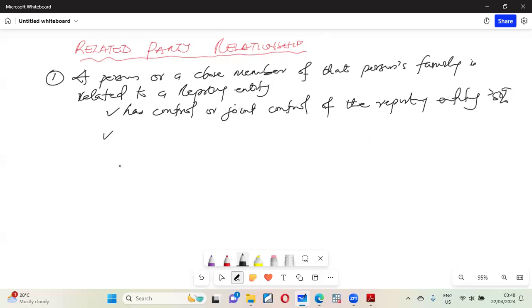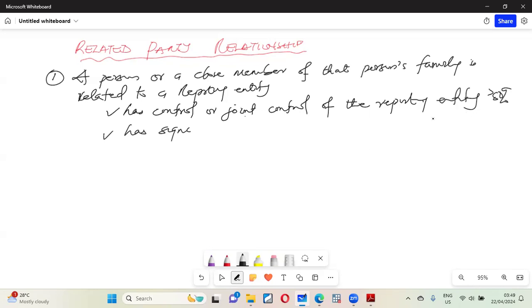Then we also talk about the fact that if that person or the family member of that person has significant influence. Do they have significant influence of the reporting entity?